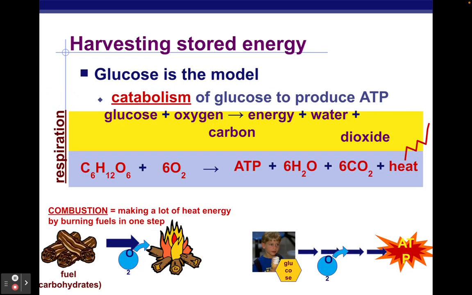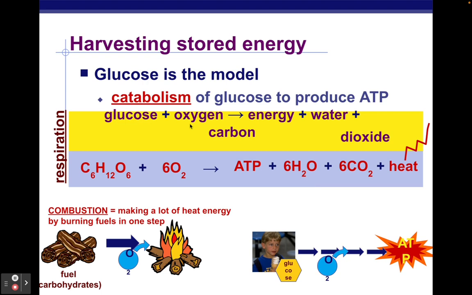All right, so harvesting stored energy. Glucose is the model. Catabolism of glucose is to produce ATP. Okay, so we have glucose. This is our cellular respiration equation. This is very important. So it's the word equation, and then we're going to have our actual chemical formula equation.